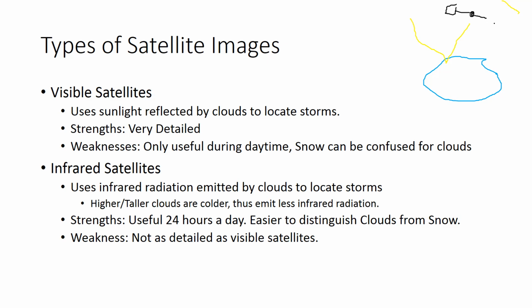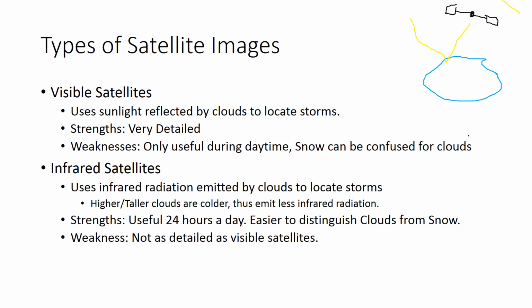And then using that radiation, it can say, okay, there's a lot of sunlight at this moment, so this was likely a cloud, and very little sunlight reflected at this moment, okay, that is land, and so on.